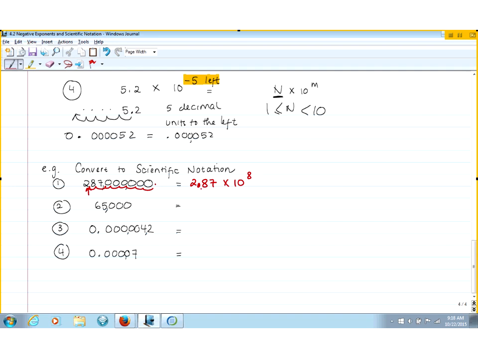So can you tell me the other one? What is it? 6.5 times 10 to the 1, 2, 3, 4? How about number 3? So this is my 4.2 and this is my original decimal.